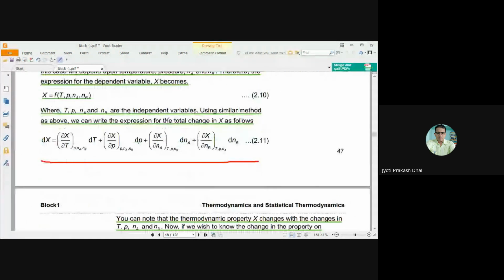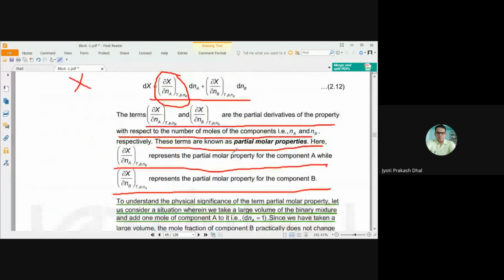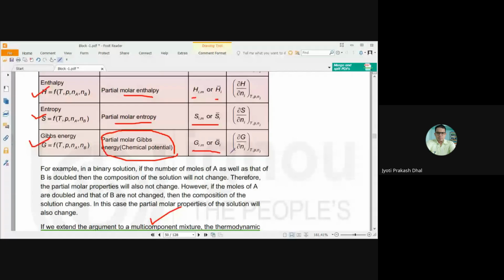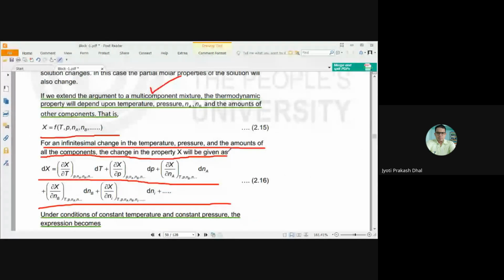And we used the same argument for a binary or two component system. After that, we use the same argument for a multi-component system, formed by mixing of N_a moles of A, N_b moles of B, N_c moles of C, and so on.